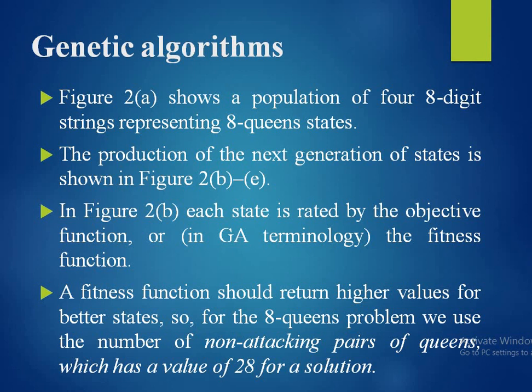In figure 2b, each state is rated by the objective function, or in genetic algorithm terminology, the fitness function. The fitness function should return higher values for better states. So, for the 8-queens problem, we use the number of non-attacking pairs of queens, which has a value of 28 for a solution.